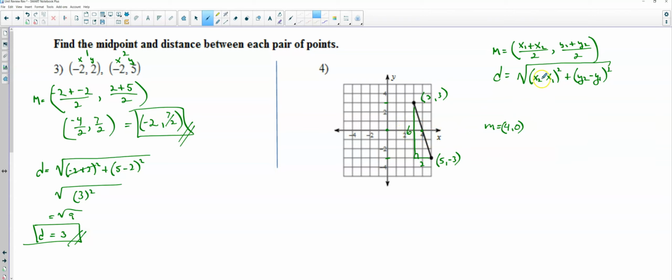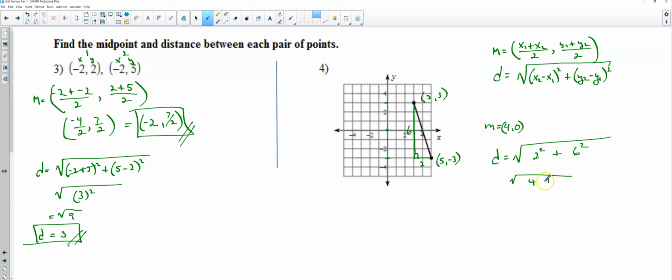I already know that the difference in the x's is 2. The difference of the y's is 6. So basically the distance is equal to 2 squared plus 6 squared. See that? Because the difference here is 2, and the difference here is 6. See? So now I just go and solve that.